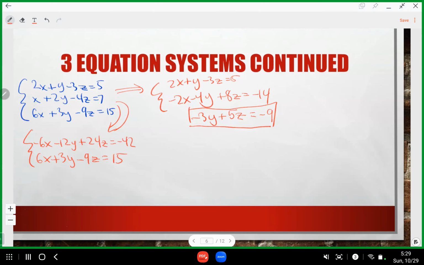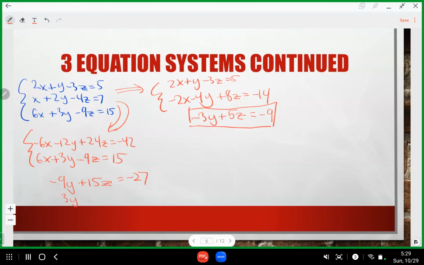And what do we get if we add? -9y plus 15z equals -27. Okay, so that's what you get. And we can actually take this down a notch and divide by -3.